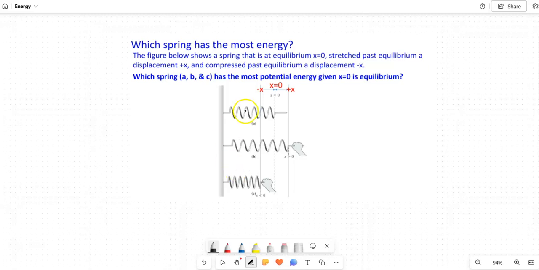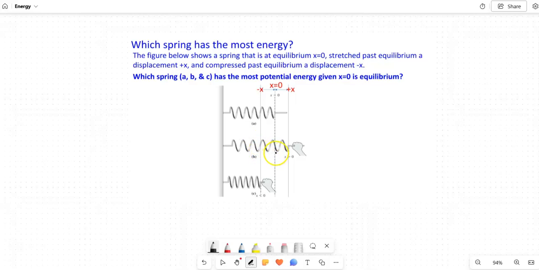Okay. So, which one of these, A, B, or C, has the most potential energy, given that the equilibrium position is 0?